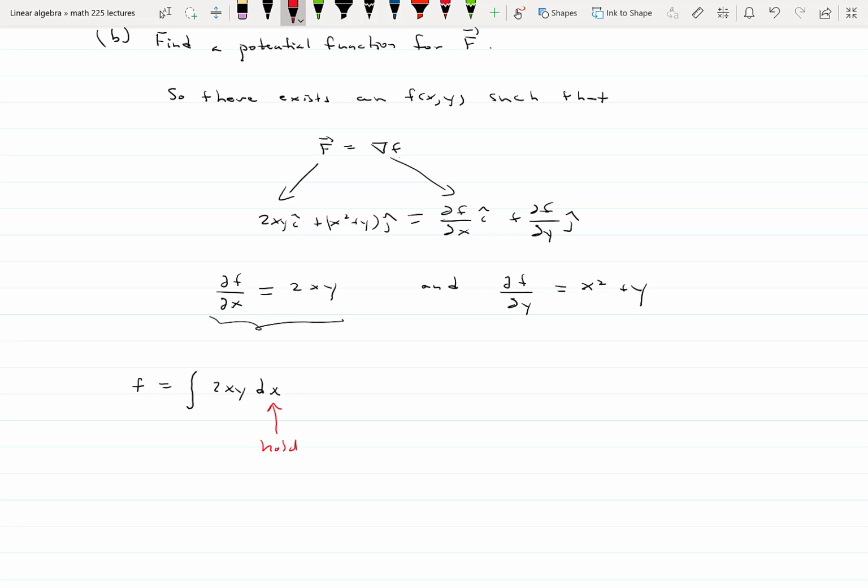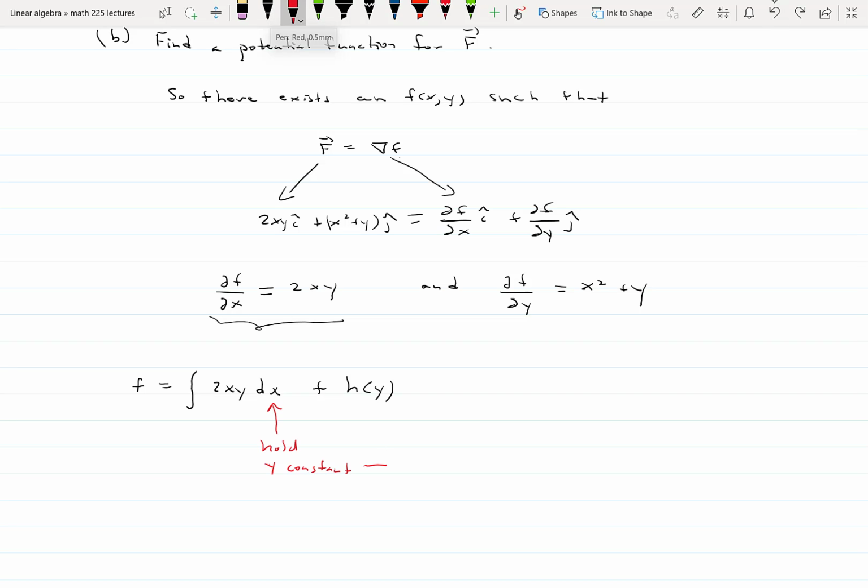I'm going to hold, this is very important, y constant. So when I add a constant of integration, anything with y in it will also be constant. So my constant of integration isn't really constant. It's any function of y.